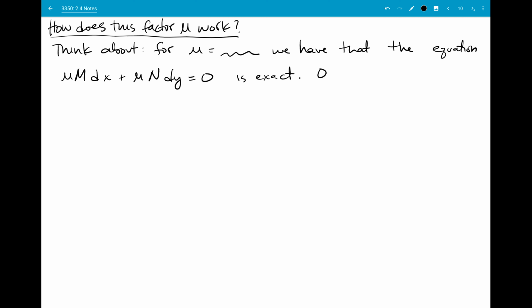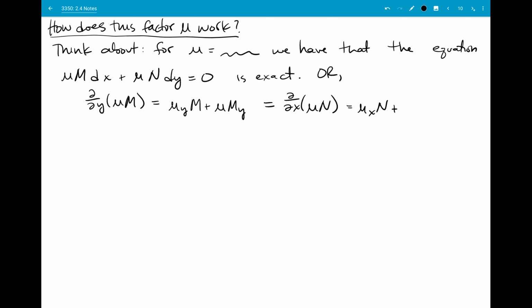By the definition of exact, it means that if we take the partial derivative with respect to y of mu times M, which would be mu sub y times M plus mu times M sub y, that should be equal to the partial derivative with respect to x of mu times N. So that's mu sub x times N plus mu times N sub x.